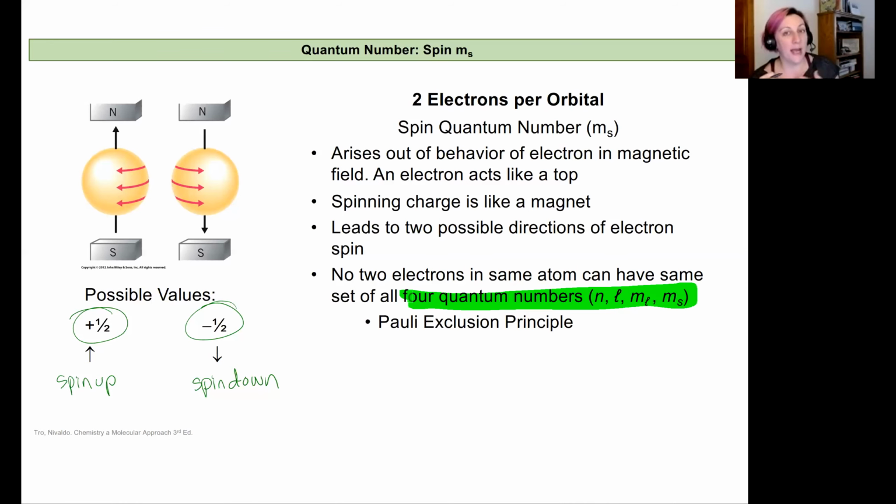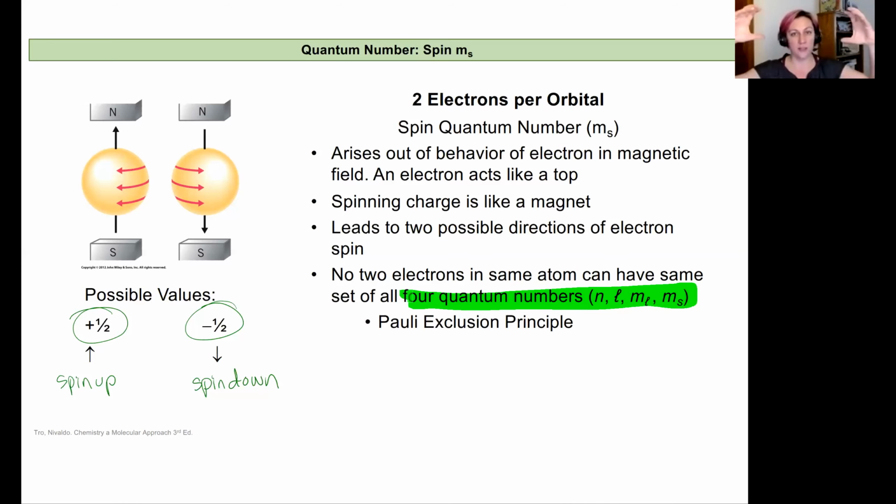So it's like my house address is unique to my house, whereas the street that I'm on is the same as my neighbor's street, right? But they have a different house number. And so as you go from kind of broad, like I live in Washington, I live in Seattle, I live on this street, and then I live at this house number, our quantum numbers go from really broad to narrow too.